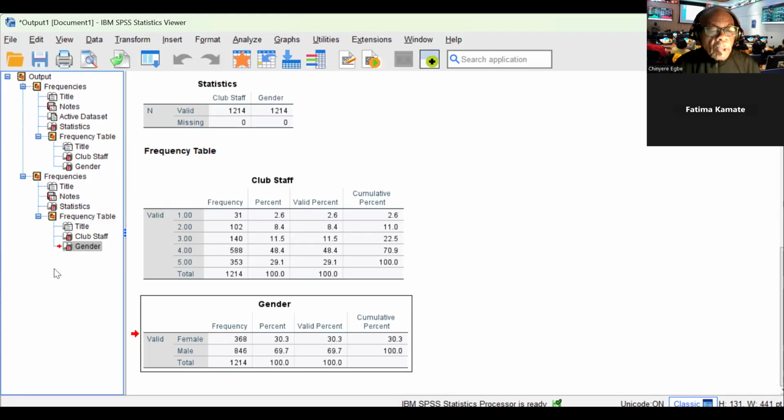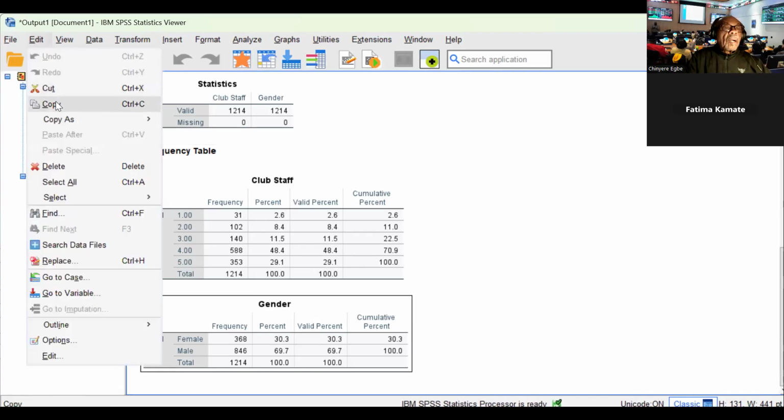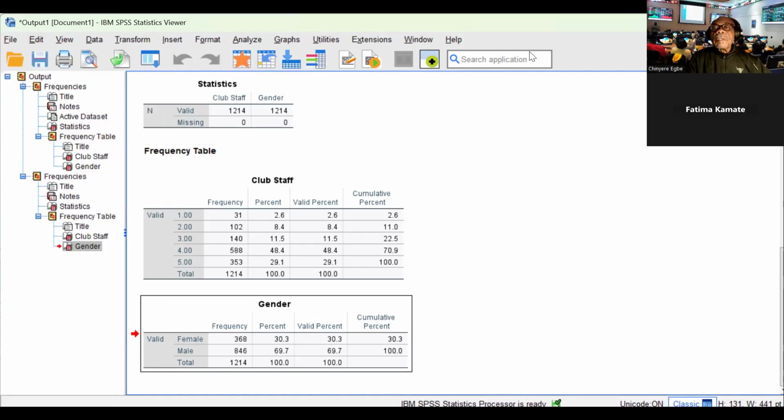Okay. All right. So you have a frequency distribution. You can cut this. I'm going to copy it. I'll stop this share. I'll pull up a spreadsheet file.